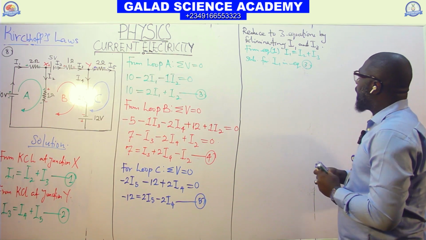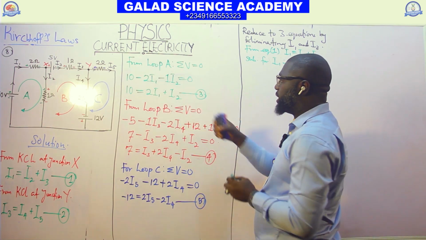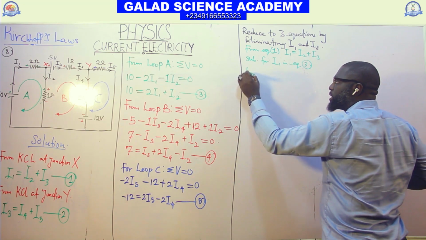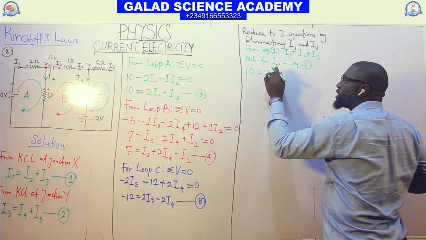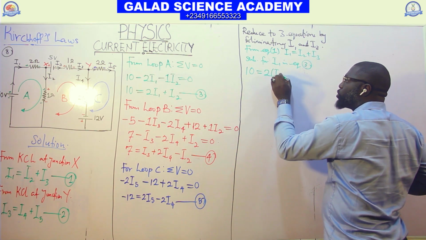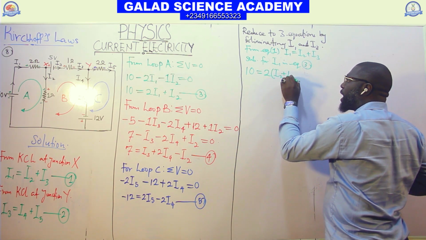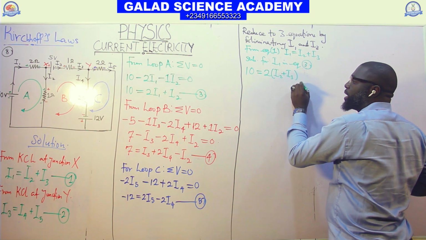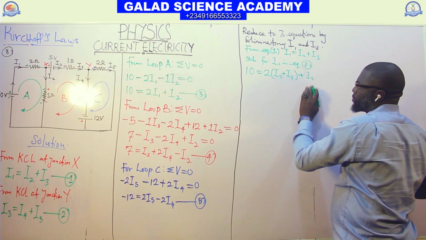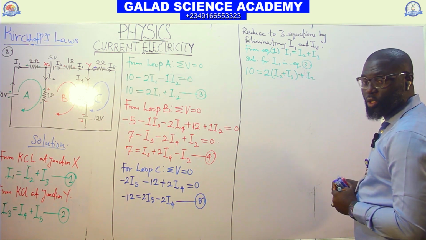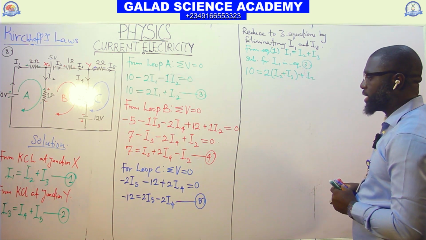So by substituting for I1 in equation 3, what do we have? 10 equal to 2 times I1, which is I2 plus I3, plus I2. Don't expand yet.